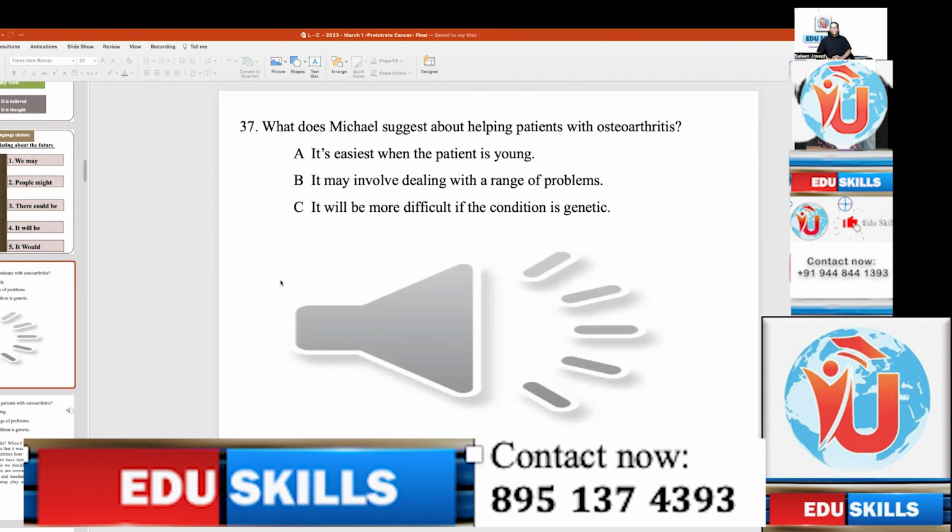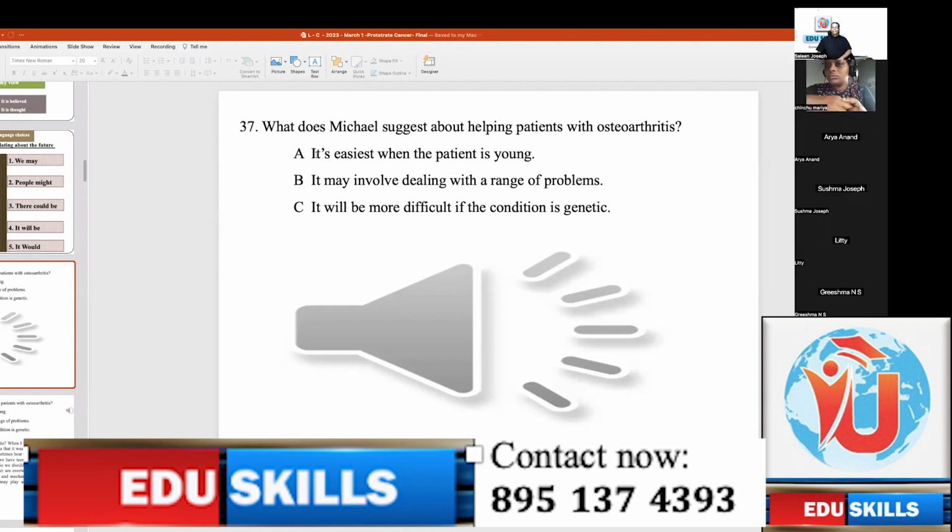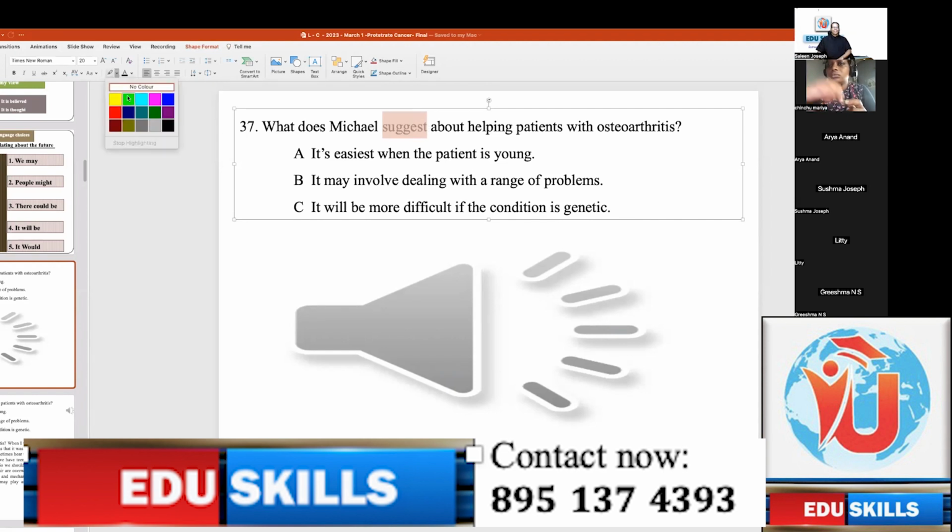Now, just tell me here, what is the keyword in the question statement? Suggest. Yeah, suggest. What does it say? Opinion. Yeah, suggestion or opinion about helping the patients with osteoarthritis. Now, let's see opinion.